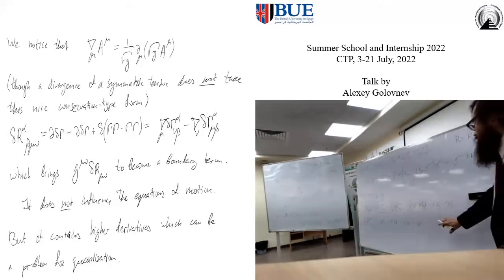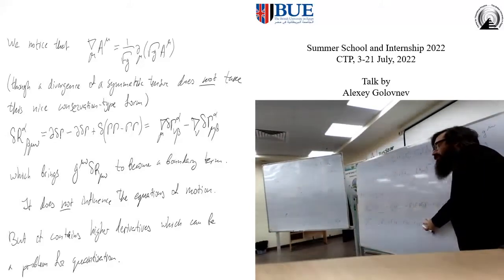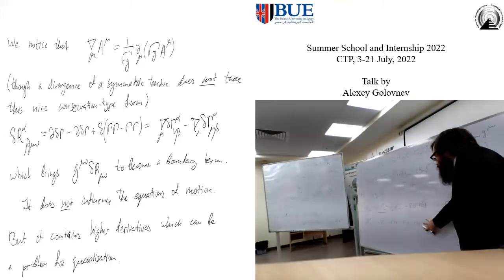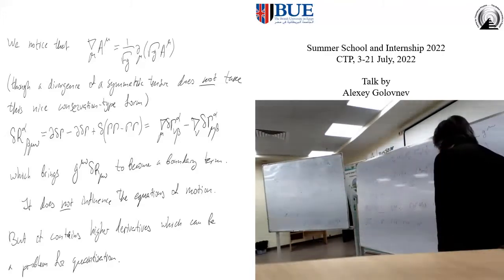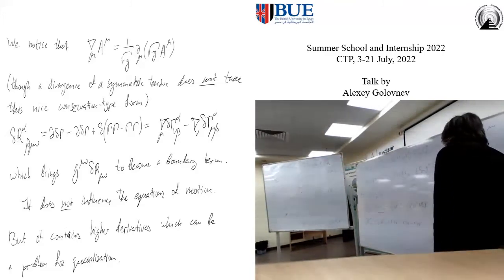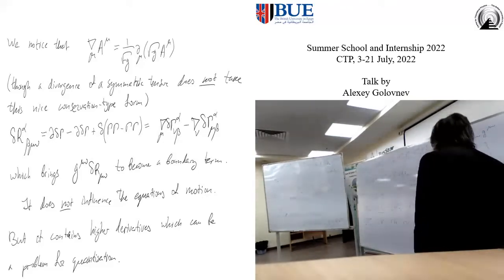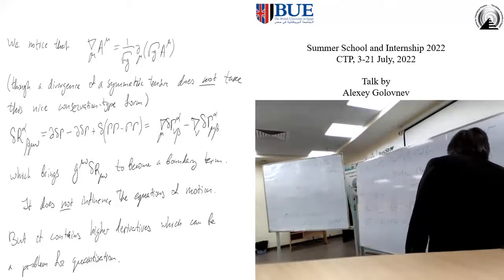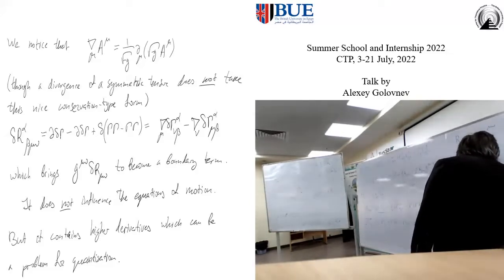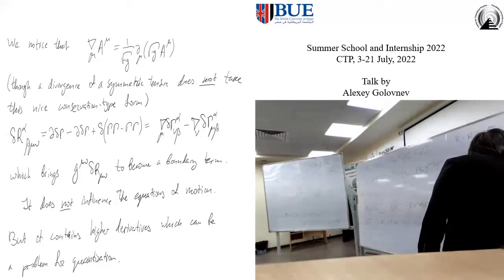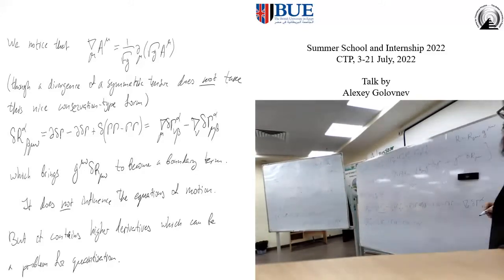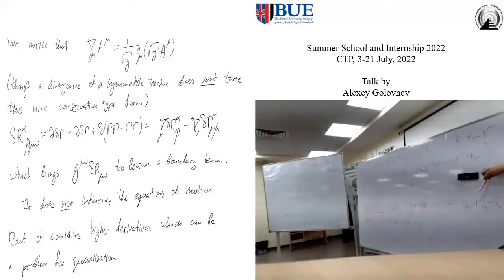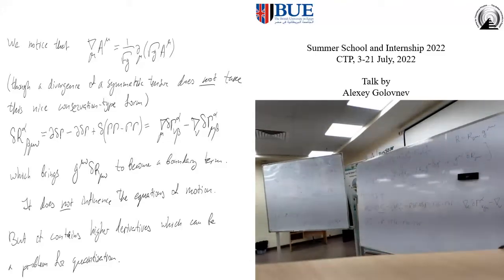Again, I don't put the indices, you can do it yourself if you want. So you do it like this, and then you can check that this whole chain here is nothing but this guy, just the covariant derivatives of delta gamma minus another delta gamma.